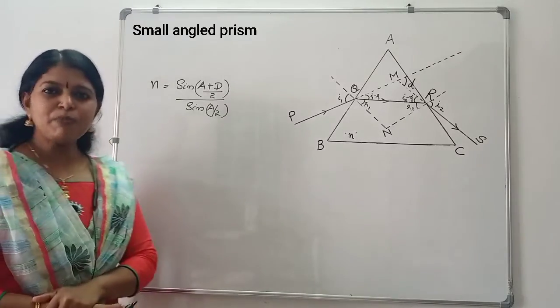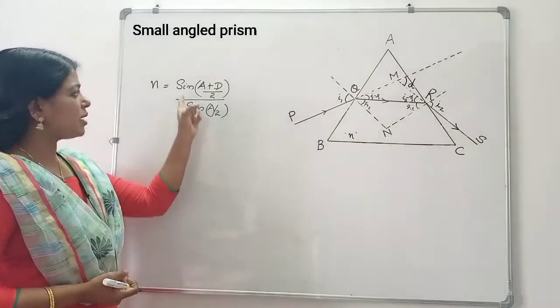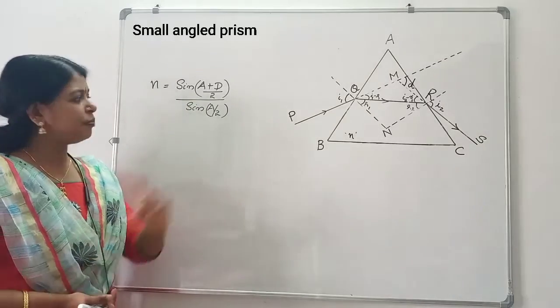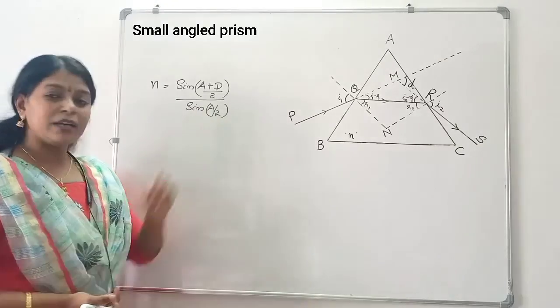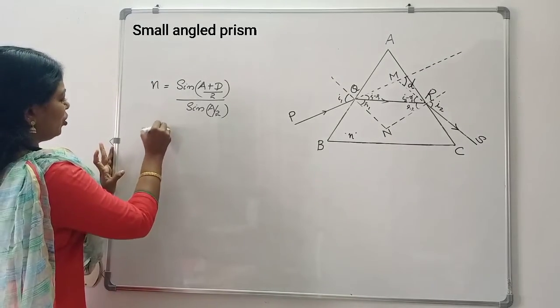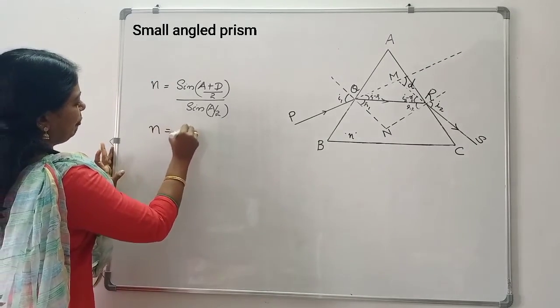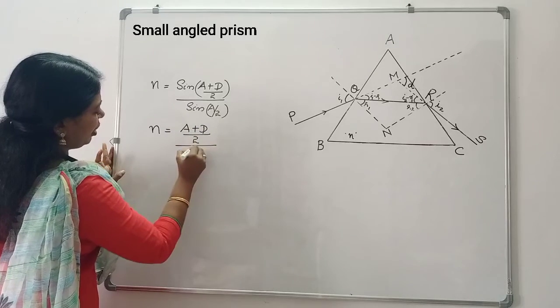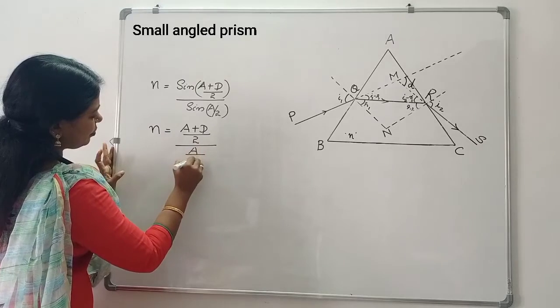But for a small angled prism, sin (A plus D by 2) becomes (A plus D) by 2 and sin A by 2 becomes A by 2. That is, n is equal to (A plus D by 2) divided by A by 2.